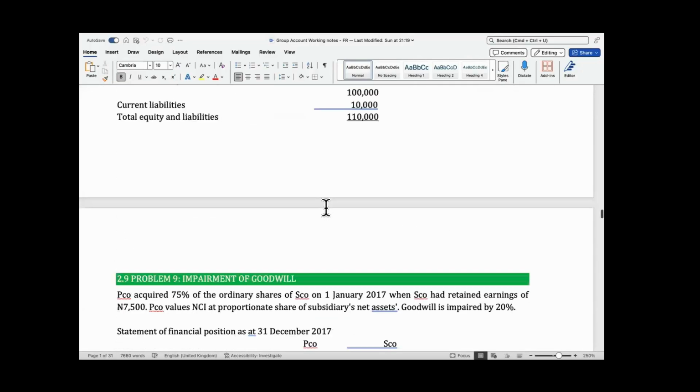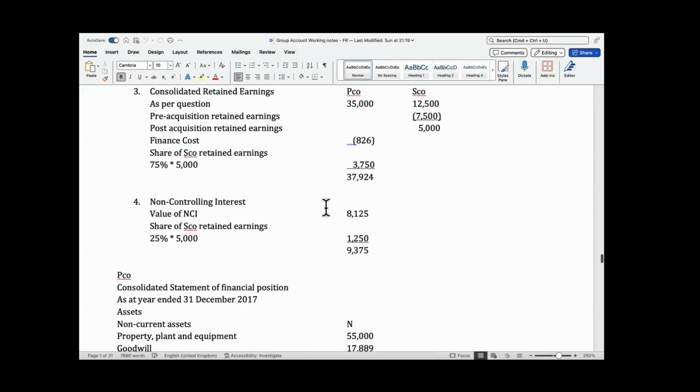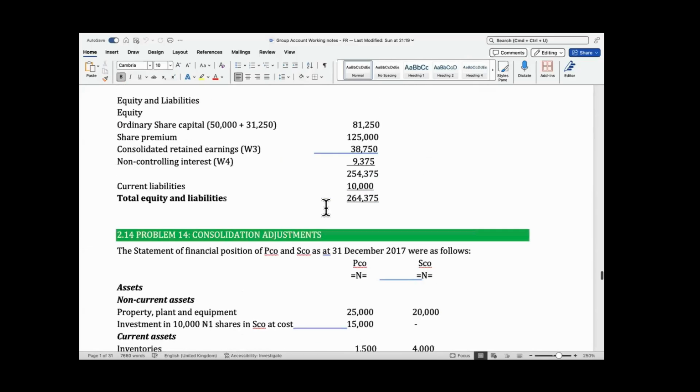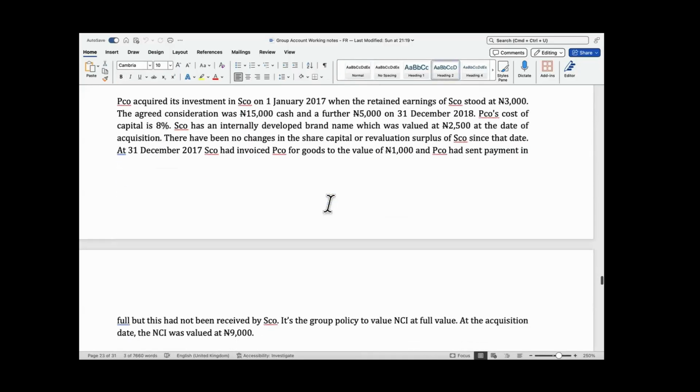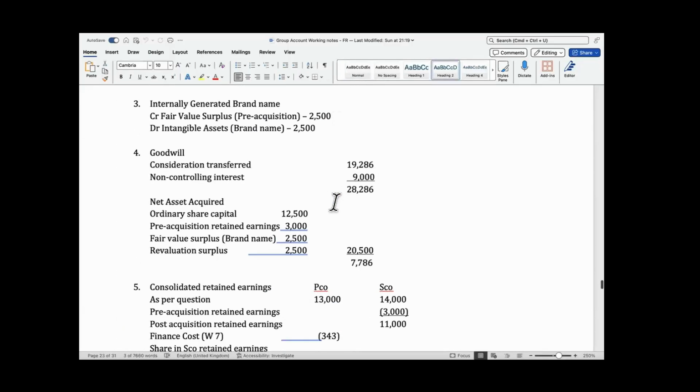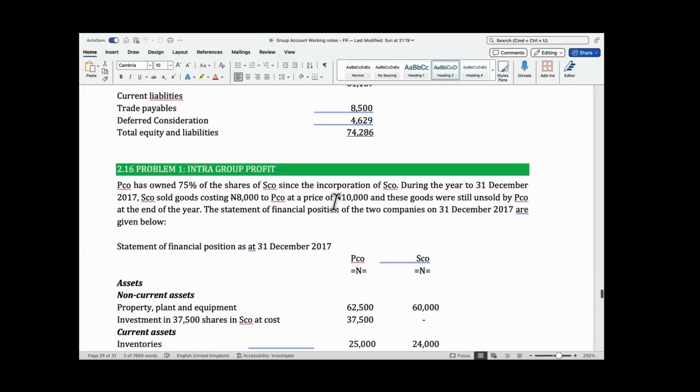We did quite a number of questions last week, and we stopped at this place. We solved up to this question that has a series of adjustments. Today we're going to proceed from where we stopped.